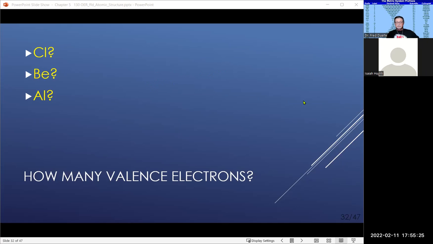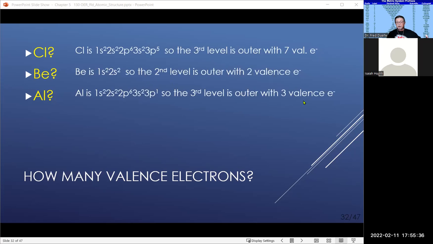Here, the question is this, okay, how many valence electrons do they have? Well, you can write out the electron configuration, or you can find its position on the periodic table. You'll see that chlorine is in group 7. That tells you there are 7 valence electrons.